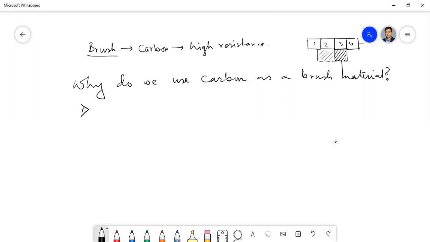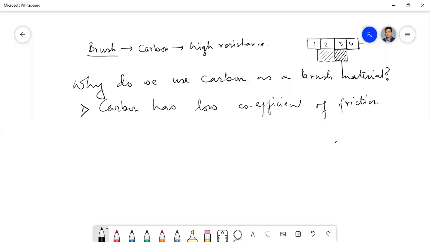So let me note down all these points. So first is, carbon has low coefficient of friction.